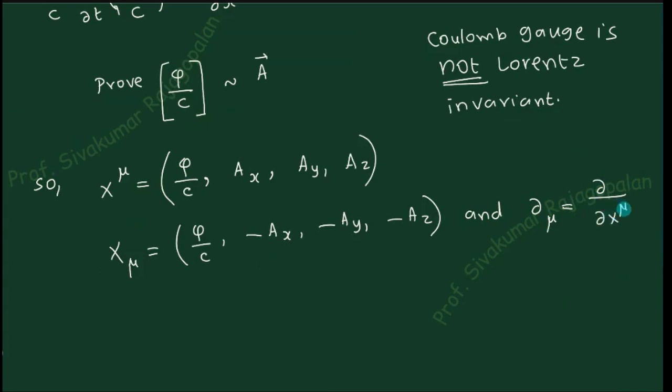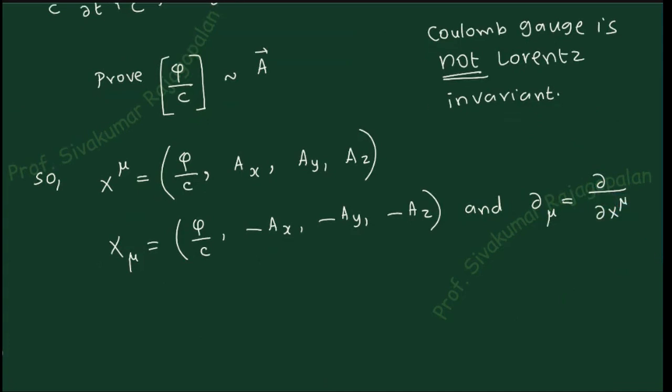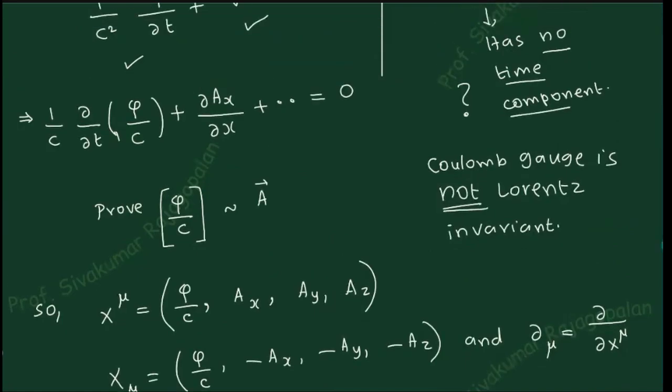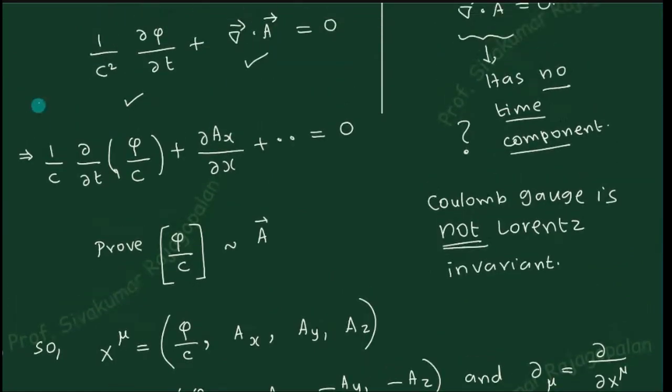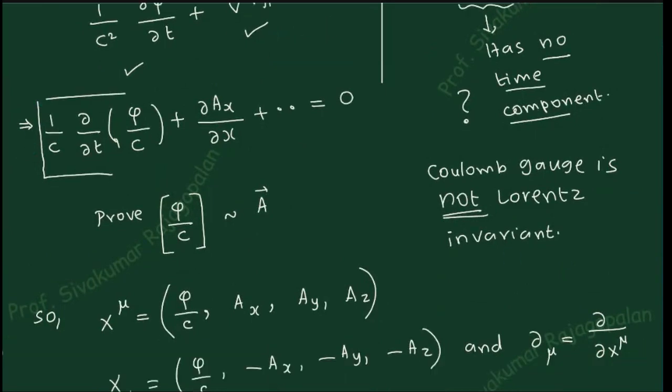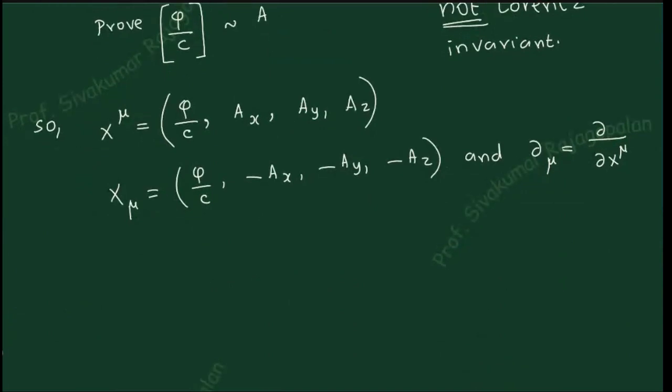So with all these definitions, what you have to do? You have to do something for this. So how will you write this equation? We can write down this equation as dou mu of x mu. And remember that this x mu, anything you can define it as x.